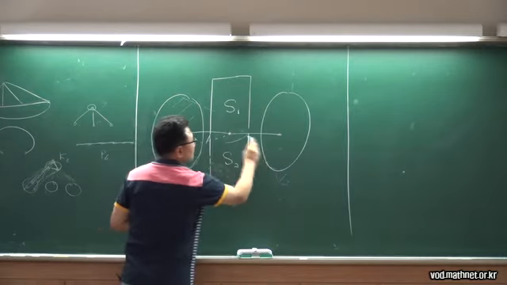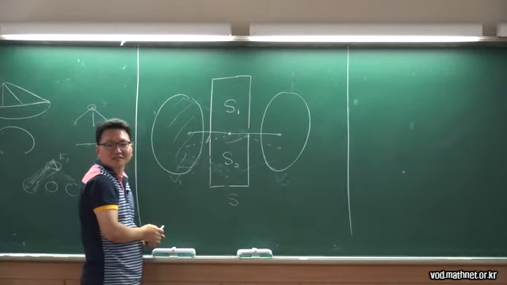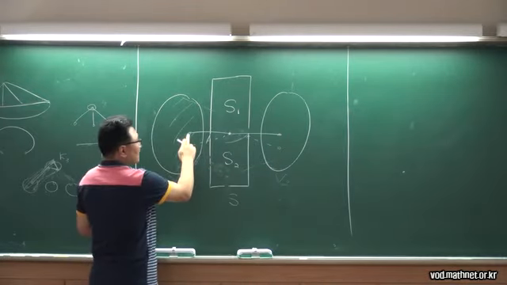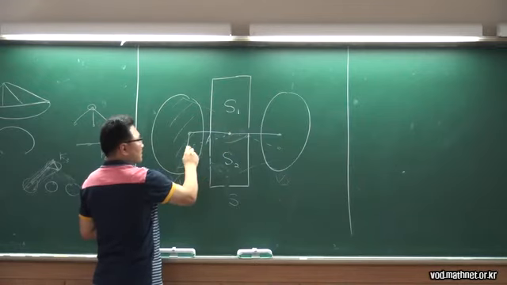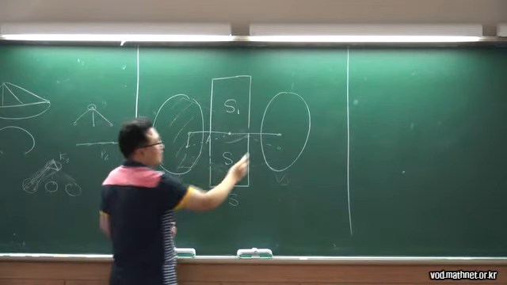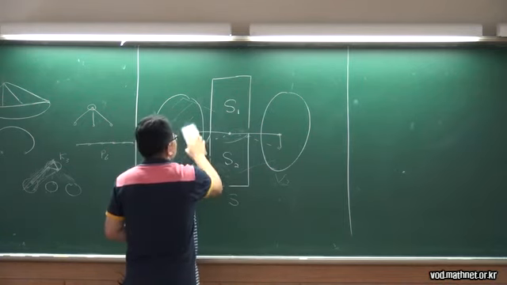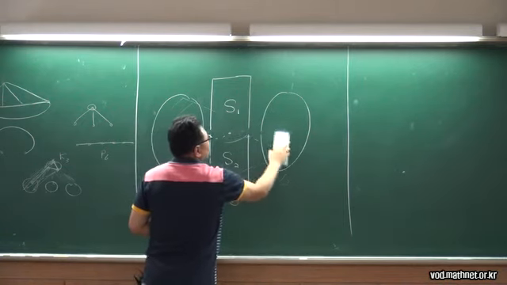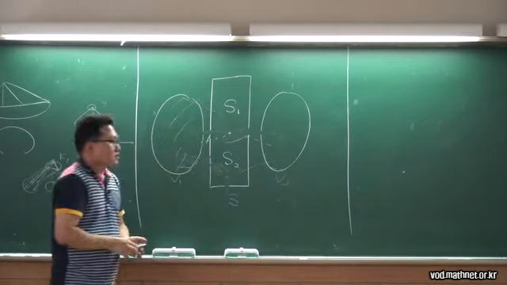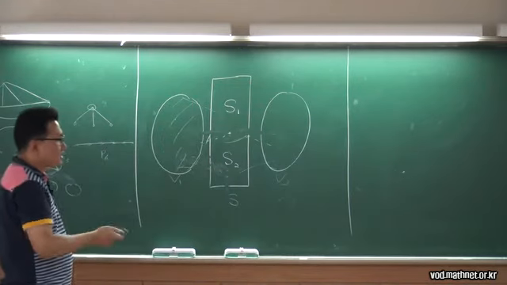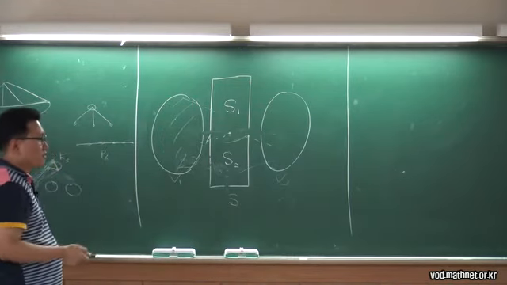This one is also not adjacent here. So probably we can find a vertex which is adjacent. This one may be like that, a P5. So S is the union of S sub 1 and S sub 2.